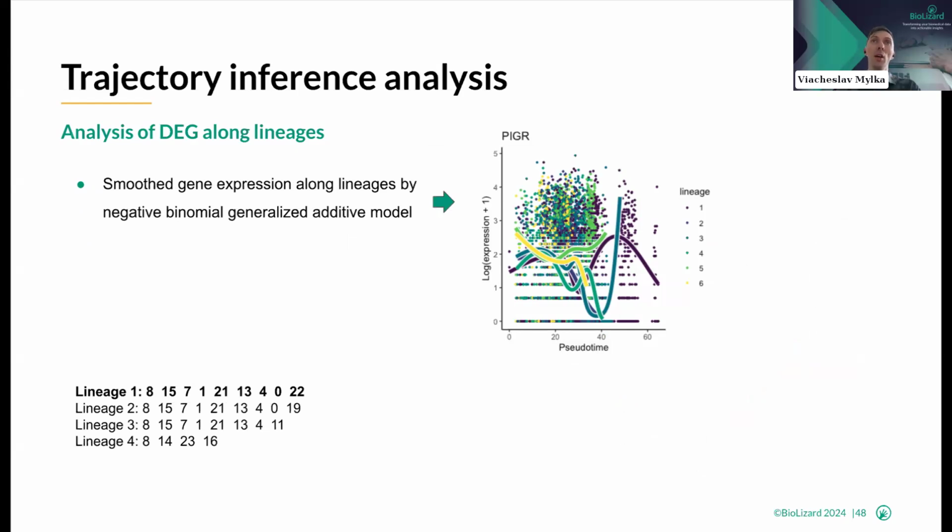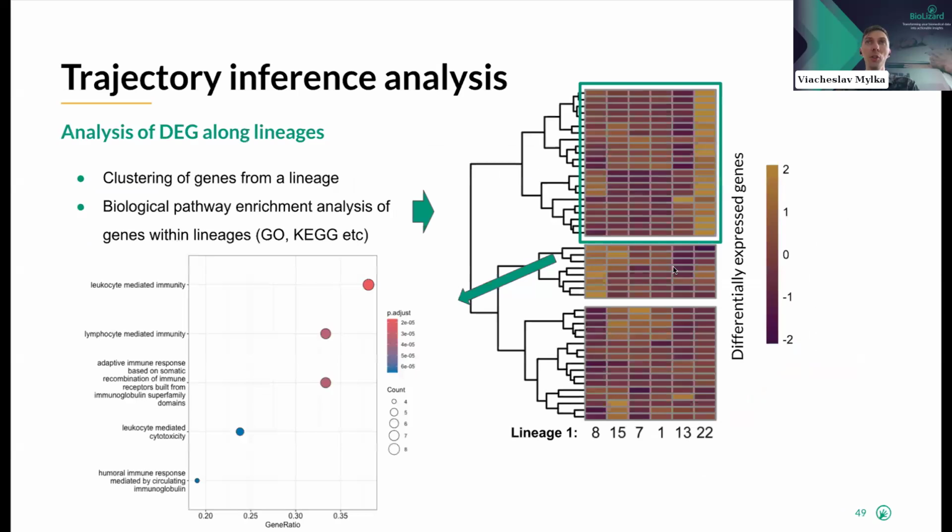So then we can say, okay, these genes are associated with this part of the trajectory, so we are interested in it, and we can cluster them. So we can see which genes are upregulated at the end of those trajectories. And I remind you, those trajectories correspond to our spatial niches. So they do reflect the spatial architecture of the samples.